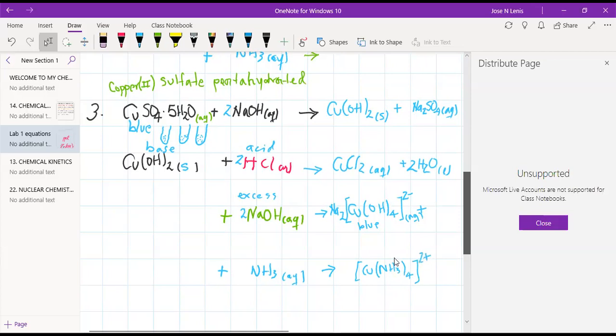Because ammonia has no charge, it's neutral. So this charge belongs to the charge of copper ion. Copper 2 complex.